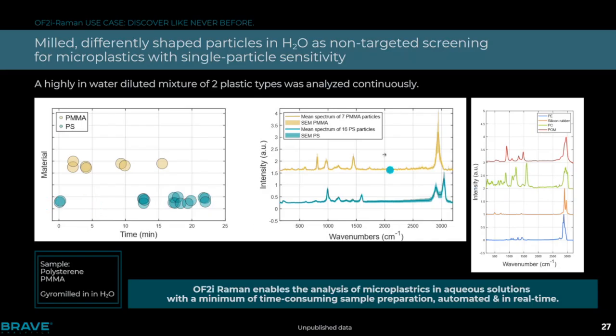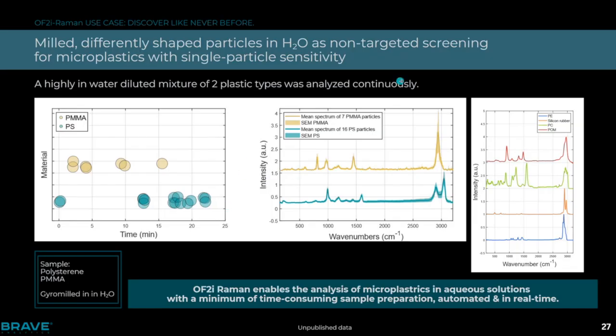So we had to look for people who can provide us with different samples, materials, and sizes. We were able to, for example, create this PMMA and polystyrene mixture and start screening. This is one of our first measurements, to really see that we are able to clearly identify the different spectra, and we are able to do this over time.